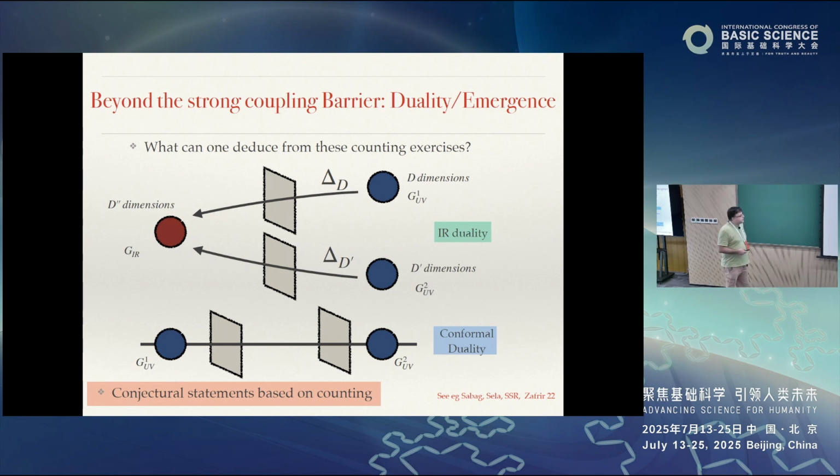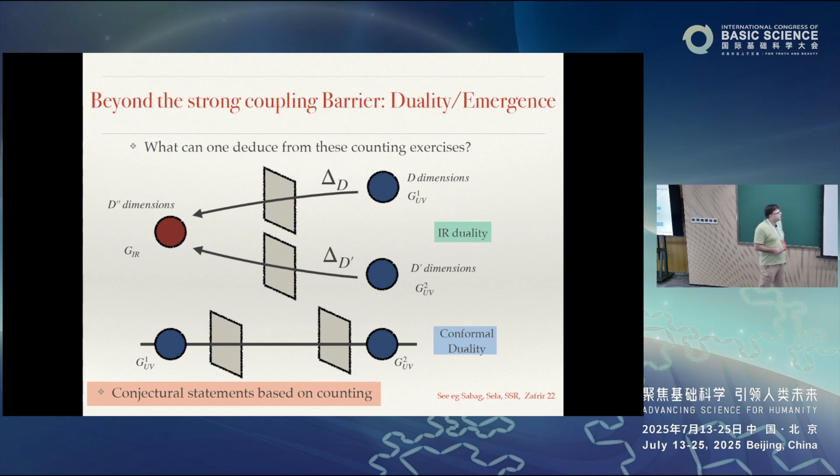And these types of tools, like anomalies and supersymmetric partition functions, you can compute them in the UV. They can tell you something, and they are invariant under the renormalization group flow. So if the two theories flow to the same theory in the infrared, the partition functions have to be the same. Again, I stress that the starting dimensionality of the two theories doesn't have to be the same.